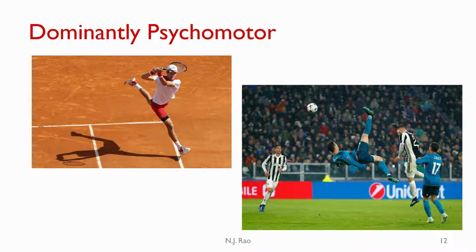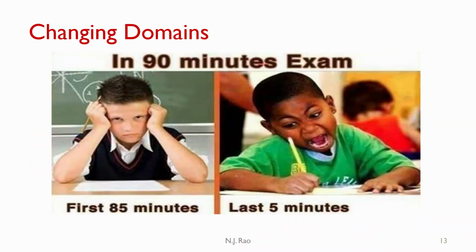In a particular experience, you can have different domains dominating at different points of time. For example, if you look at an examination and how the student spends time, the first part is dominantly cognitive, and as you approach the end of the examination, it could become very psychomotor as well.